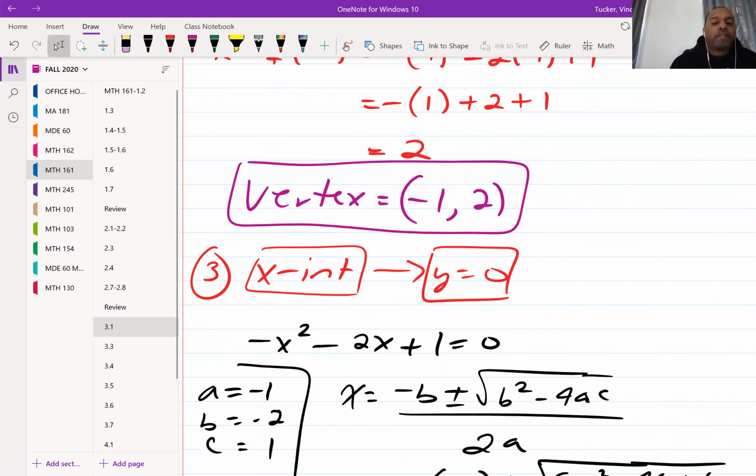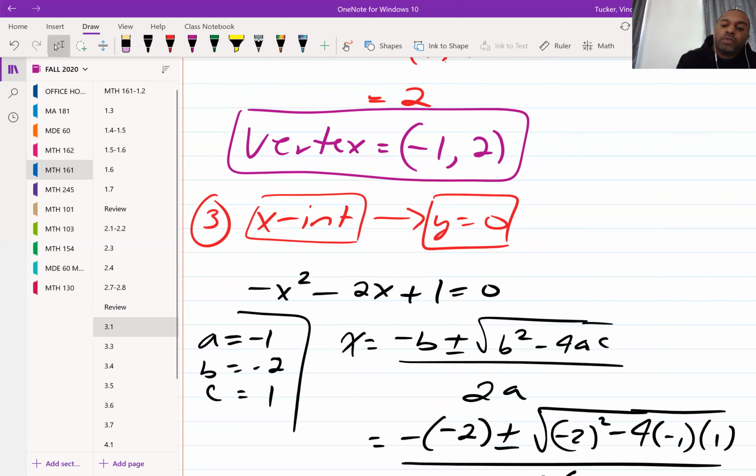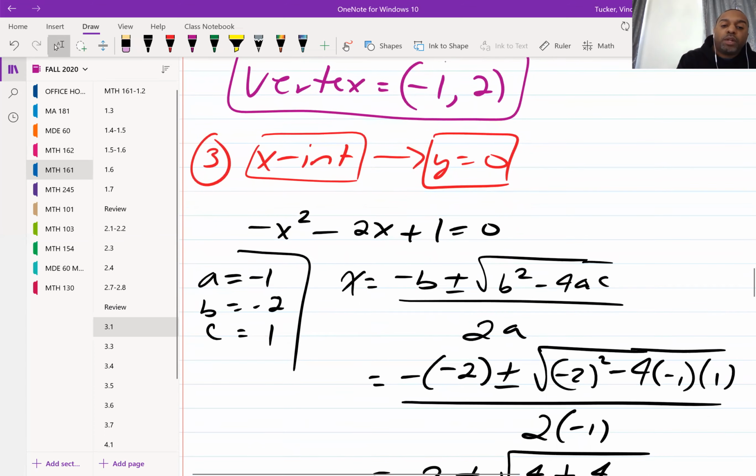And since I can't factor this equation right here, I can use the quadratic formula in order to find my two values for x, two solutions. So I use negative b plus or minus square root of b squared minus 4ac, all over 2a. We see right here, a is negative 1, b is negative 2, and c is 1. And so I plug those values in right here.